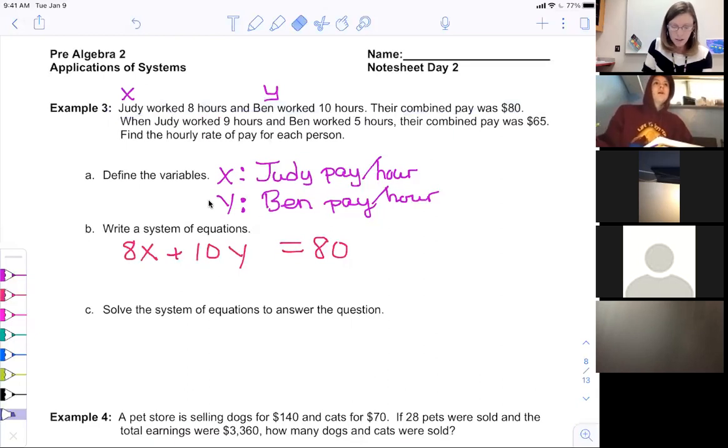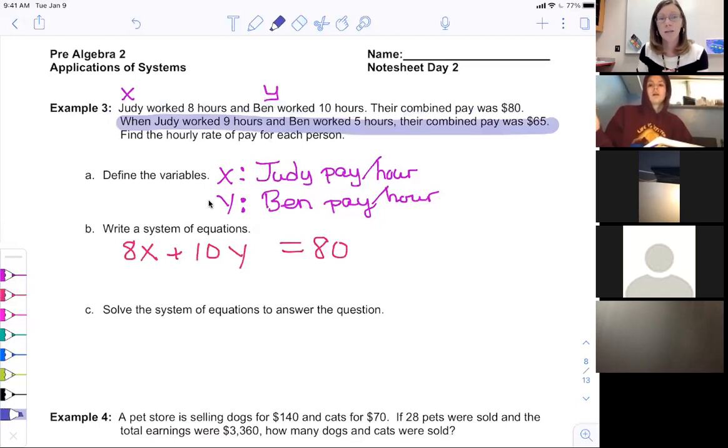Let's look at the second sentence. Actually, I guess it's the third sentence. See if you can write an equation for that sentence. Judy works 9 hours and Ben works 5 hours. Their combined pay is $65. Try and write it the same exact way as the first.